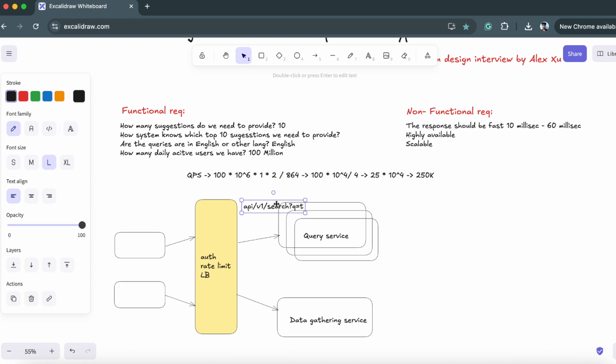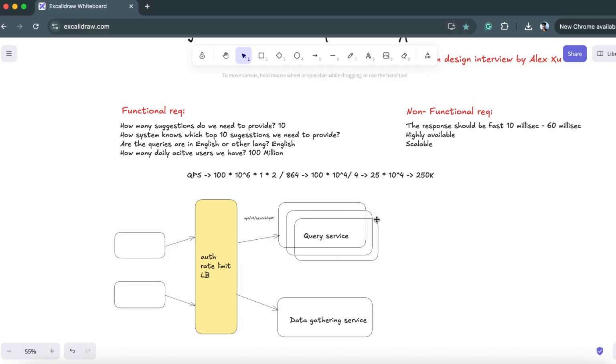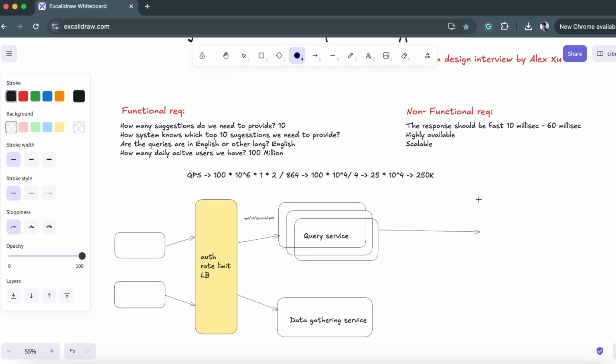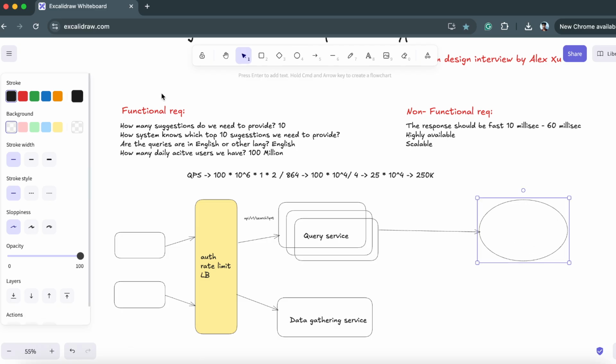The moment a user types something like T, it goes to our query service, and from the query service we will be having a database. Initially let us just discuss this. So this is our DB. From the DB we can get the information. So let me fill this color as something else.